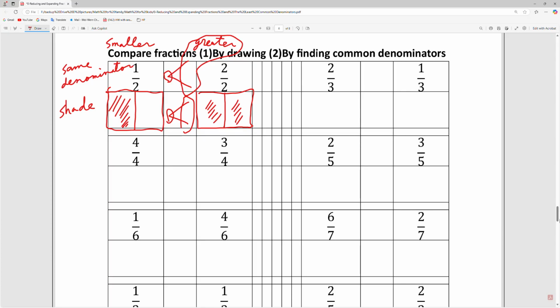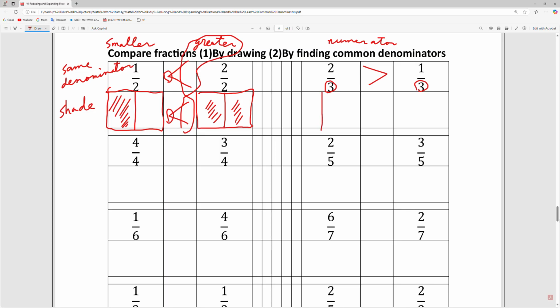Then you can decide which fraction is bigger. Same thing, when you have the same denominator and this numerator is bigger, then we just compare the numerator, right?